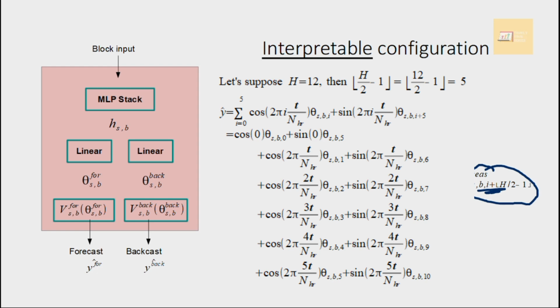And then look at the second term, sine of 0 times the fifth theta. But we have the same theta 5 in the last row: cosine of 2 pi times 5t over HR. HR denotes the n-harmonic, the total harmonic.